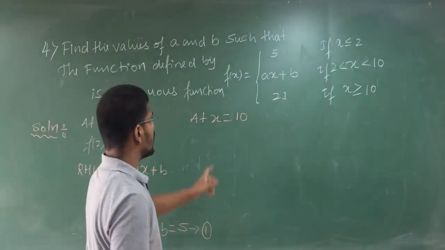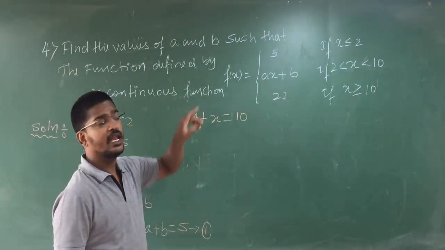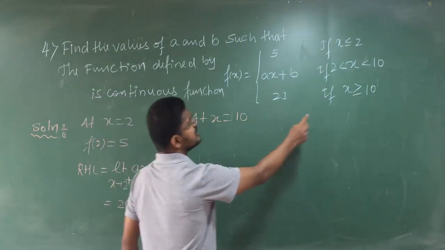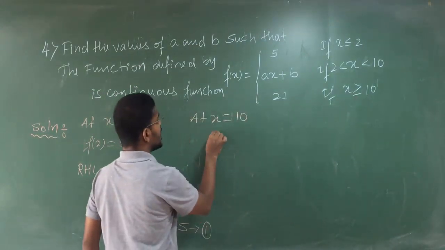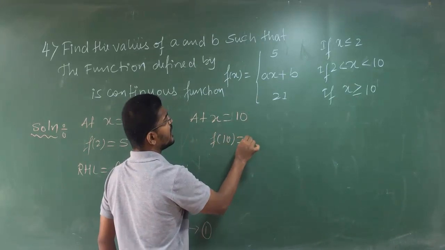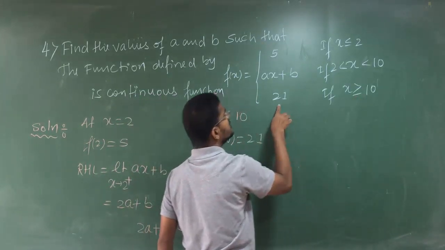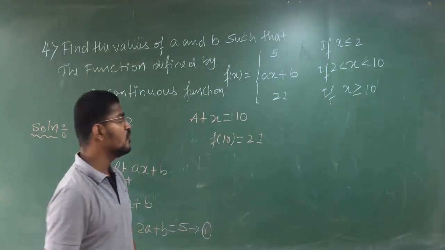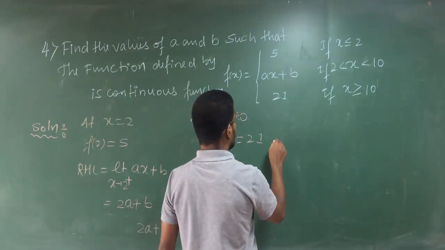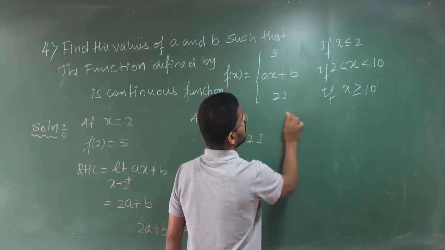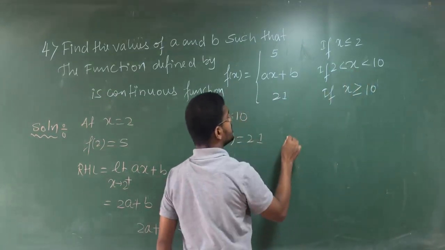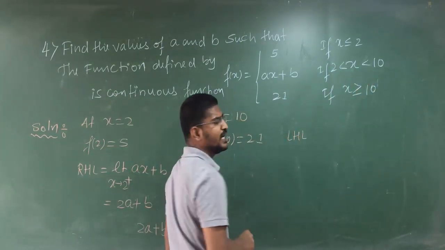Now let us go for x equal to 10. At x equal to 10, see, f of 10 is 21. That means your value is 21. Now let us go for the left hand limit. Sorry, x less than 10 means it is the left hand limit, LHL.